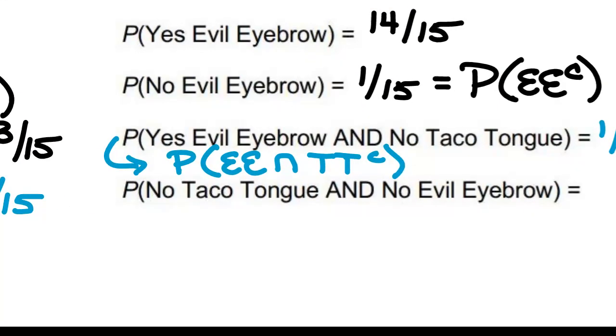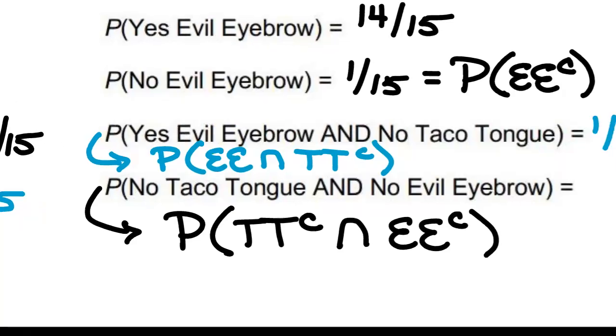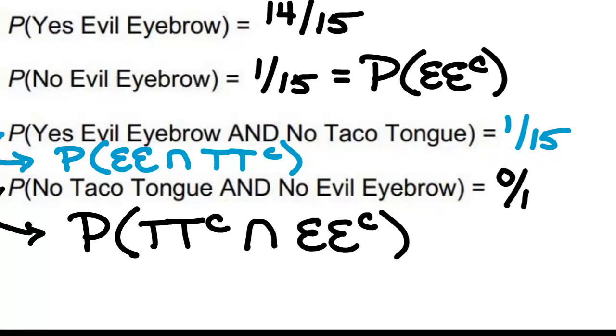No Taco Tongue and no evil eyebrow. Give me another way to write that. Probability TT complement, intersection, evil eyebrow, complement. How many people said no Taco Tongue and no evil eyebrow? 0 out of 15. You can write it as a fraction, but if it's 0, you could also just write 0.